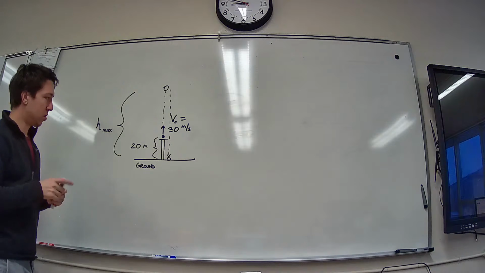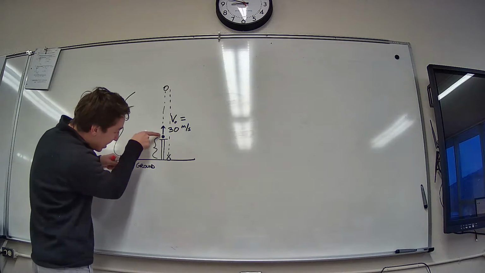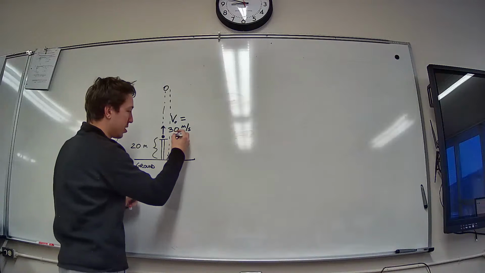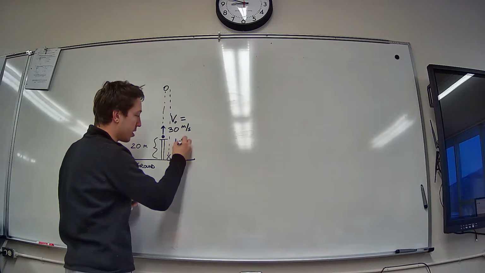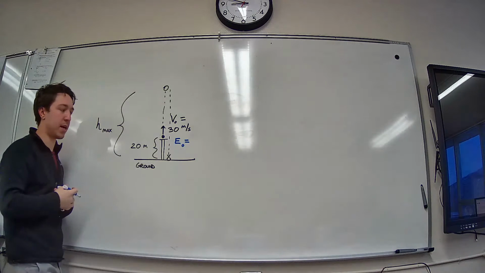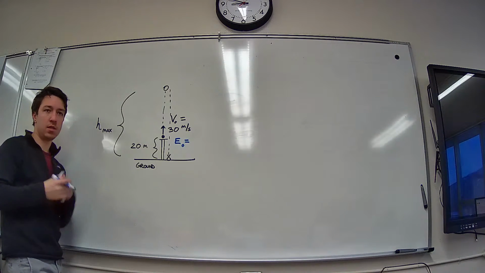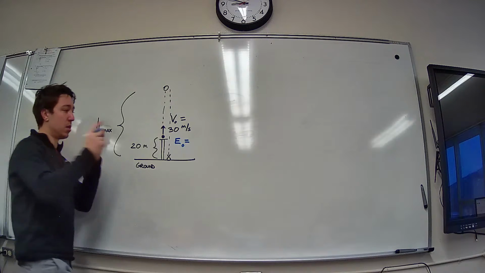So totally just energy. What's the total energy right here? Let's just use the letter E for energy. Total energy, or E initial. The total energy would be, he's got potential, right?